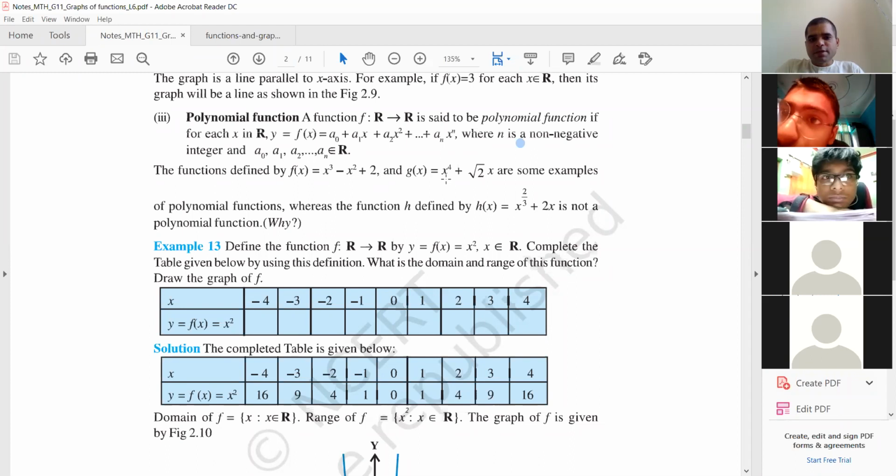Another function, x to the power 4 plus root 2 x, this is also a polynomial function, because what is the power of x? 1. And x to the power 4, this is 4. So this is a polynomial function. Power must be an integer, and a positive integer.